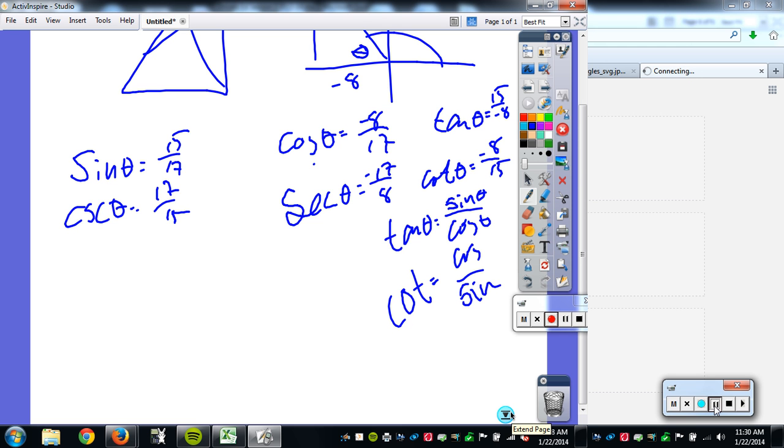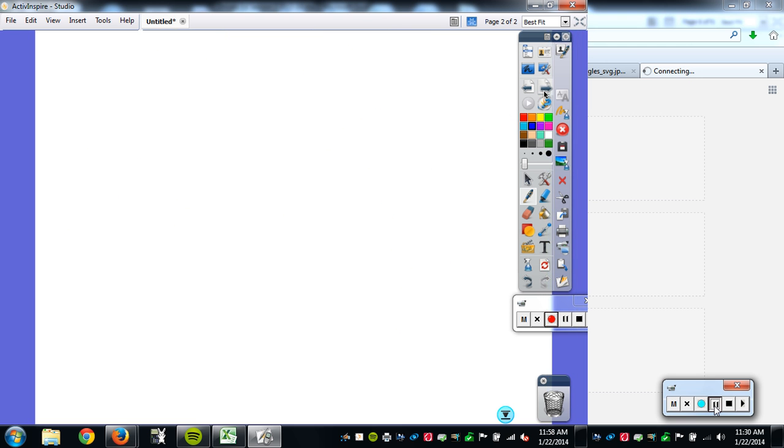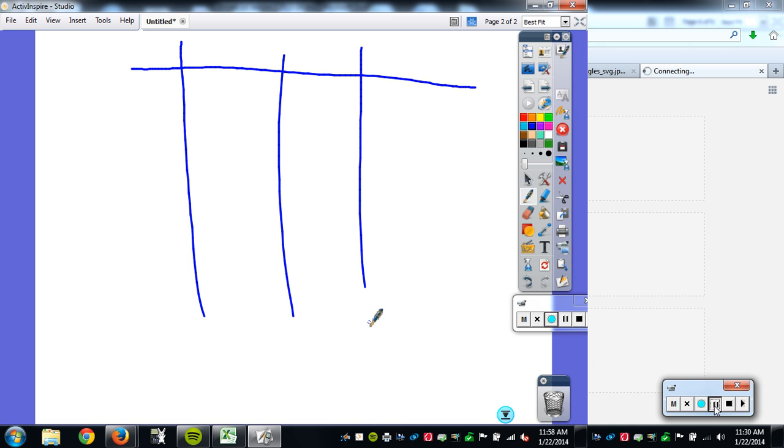Okay. With that being said, they're gonna ask you some of that, and then what they're gonna do is they have a little chart. So this is the trig function. This is your degree. This is your radian.